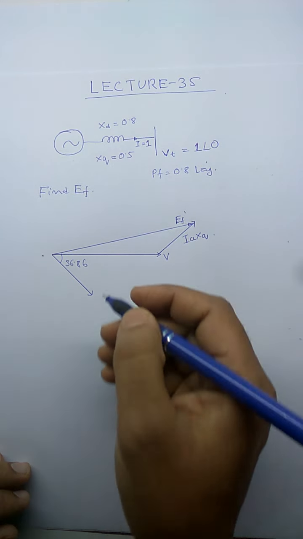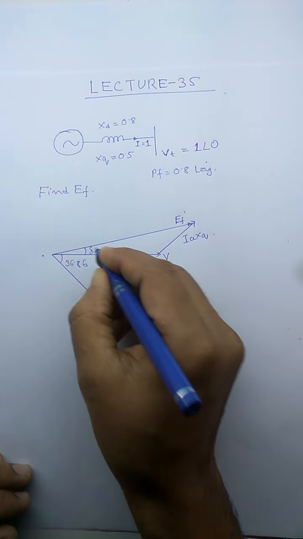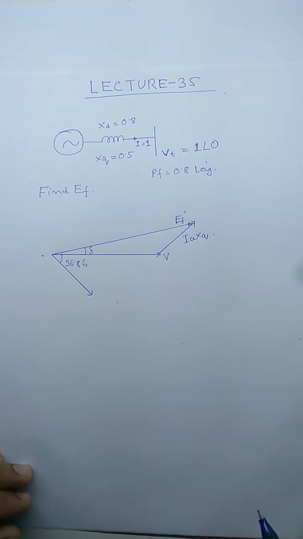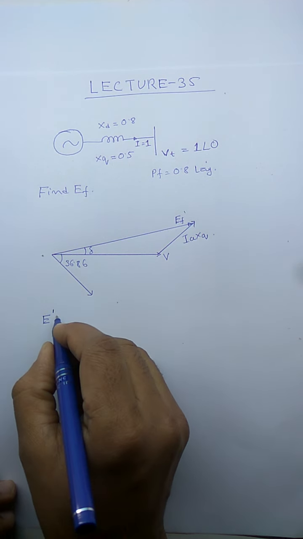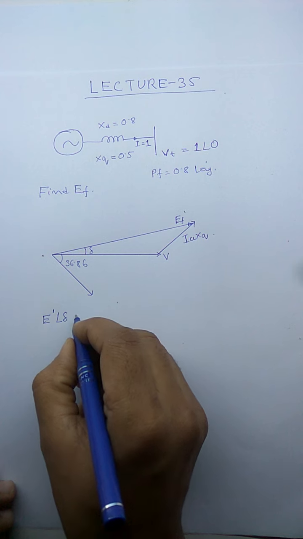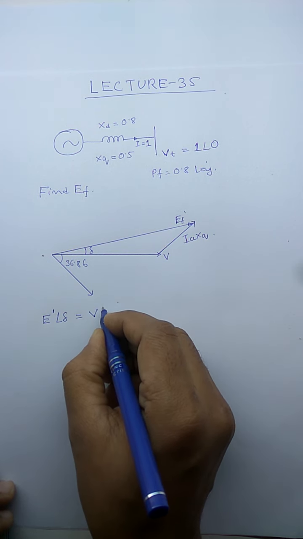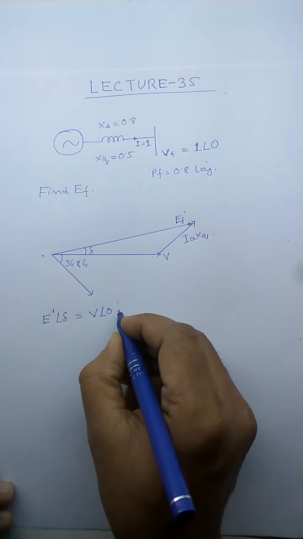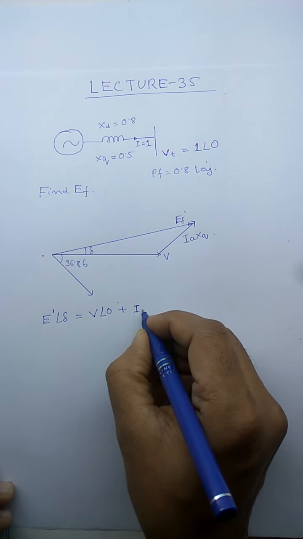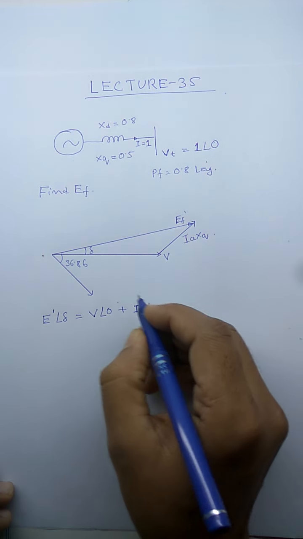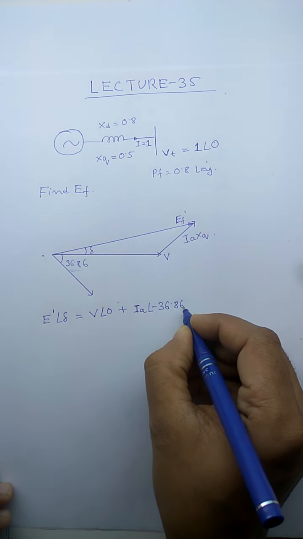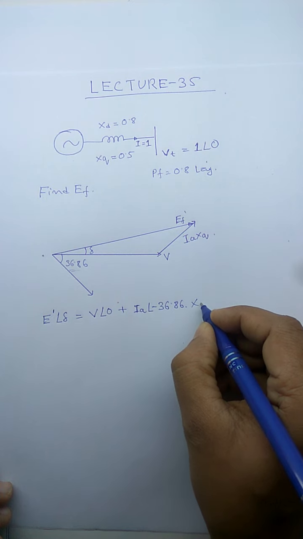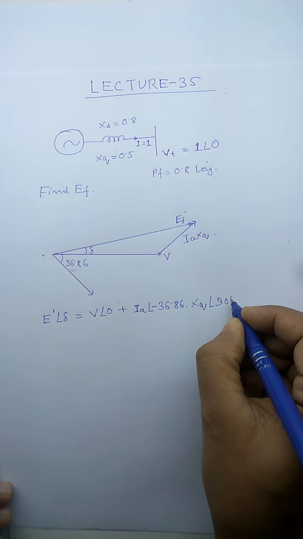Along with E dash, we also get this angle delta. This is not E, it is E dash. So let's first do this part. Here E dash at an angle delta is equal to V at an angle 0 plus IA at an angle of minus 36.86 into XQ at an angle of 90 degrees.